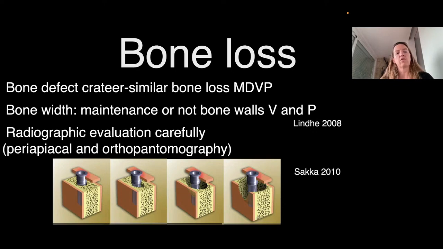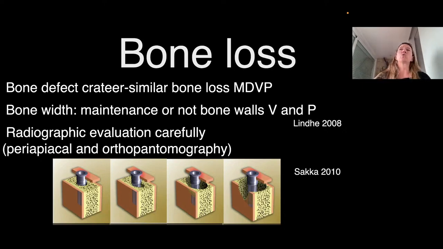And this radiographic evaluation must be very carefully evaluated, especially when we are talking about periapical x-rays or orthopantomographies, where we have only a two-dimensional evaluation of these radiographs, and we are talking basically about three-dimensional defects.